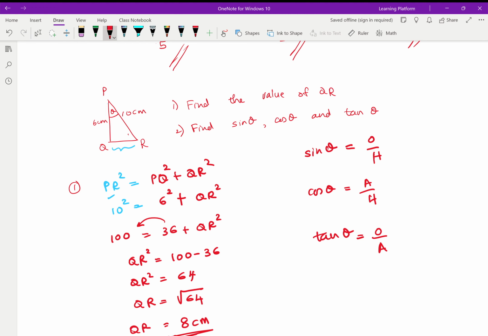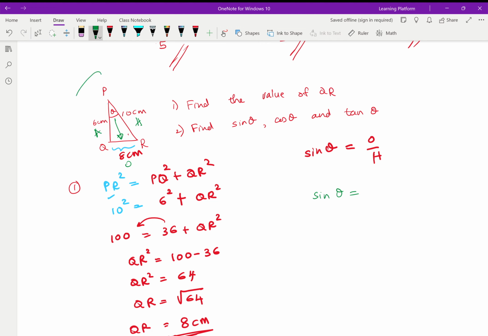So now tell me, this is 8 centimeters now. What is the value of sin theta? First you have to find what is opposite. This is my opposite. This is my hypotenuse. This is my adjacent. Okay.